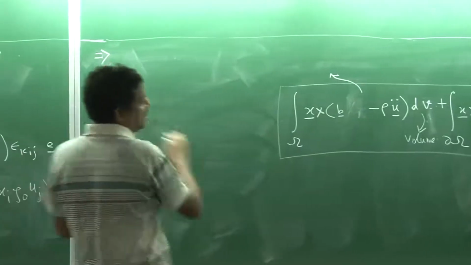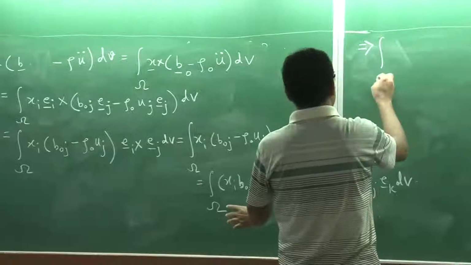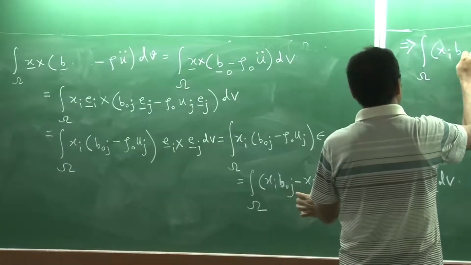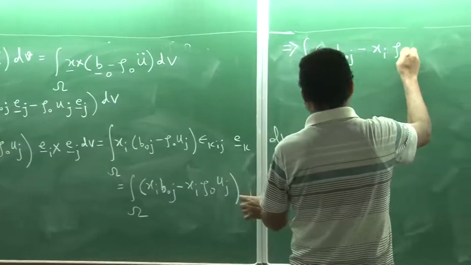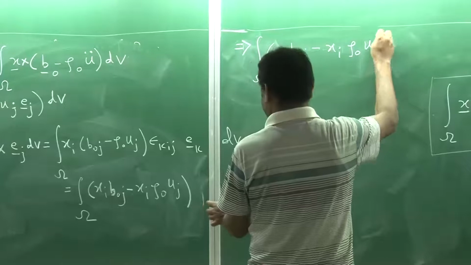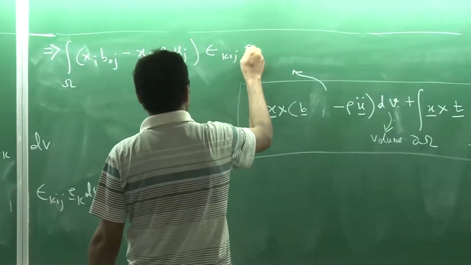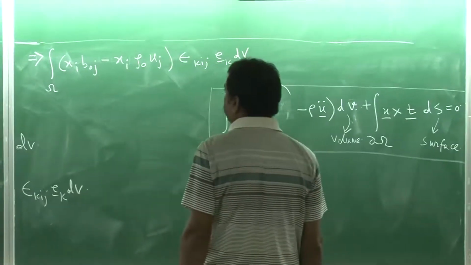So, the first term, this part is basically expressed like this. So, I am just writing, please see that xi b0 j minus xi rho 0 u j epsilon k I j dv. That is the first part, okay.